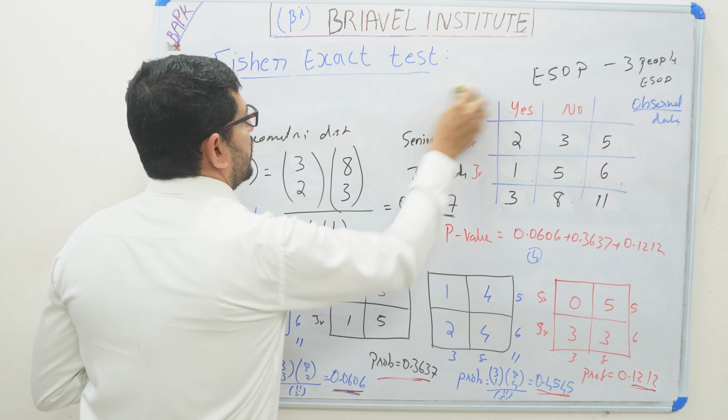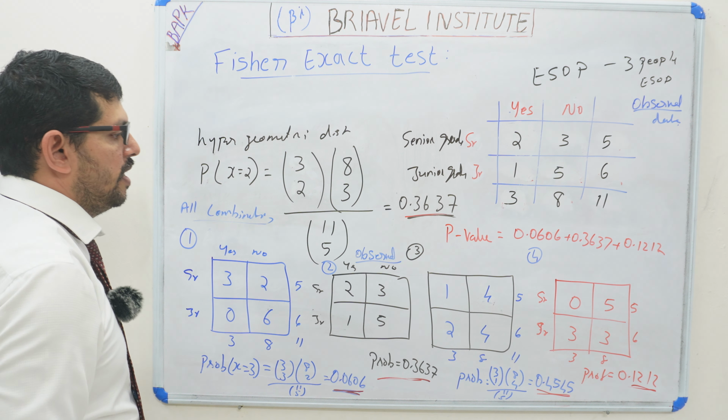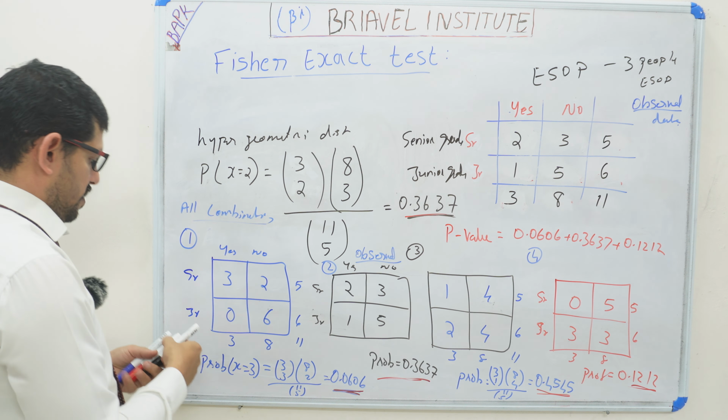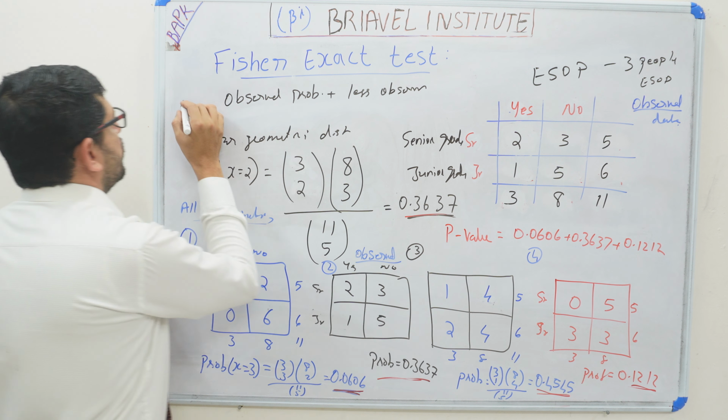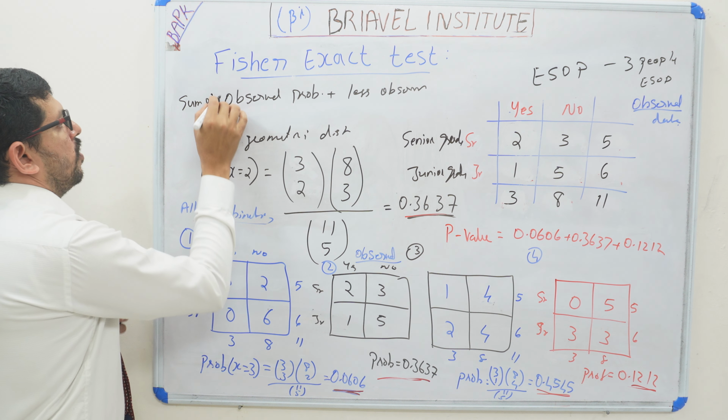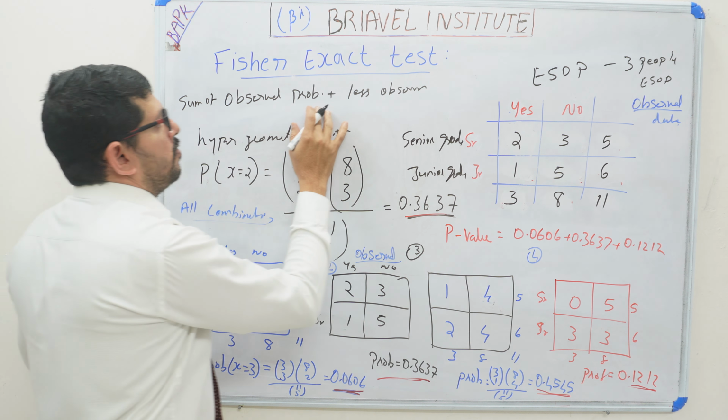The p-value is taken from the observed probability or extreme cases. We'll write it like that: the sum of the observed probability plus the less than observed probability values. All these values we have to take for the p-value.